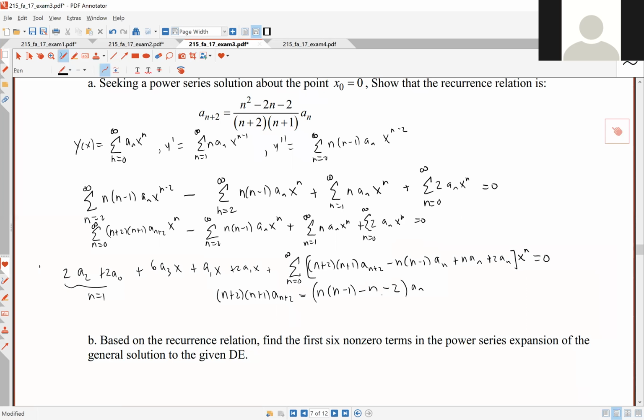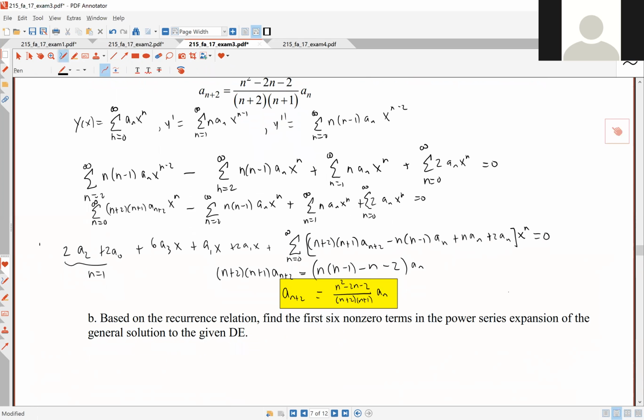That's n squared minus 2n minus 2. And then I divide by (n plus 2)(n plus 1). There's our recurrence relation.